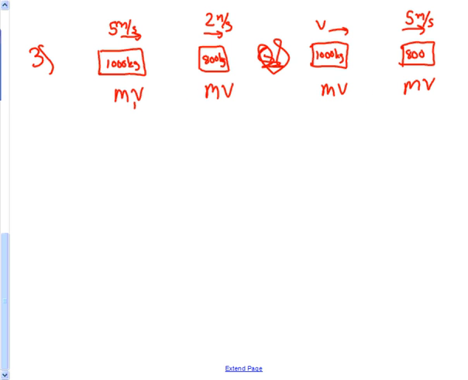So you can do m1 v1, m2 v2, and m1 v1, m2 v2, realizing that you're on 2 different sides of the equal sign. The ones over here are final values that you add together, and the ones over here are initial values. You can put i's and f's on everything if you want. The masses don't change, so they're still m1s and m2s.